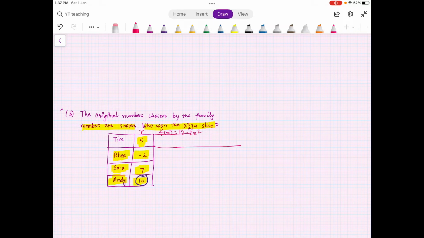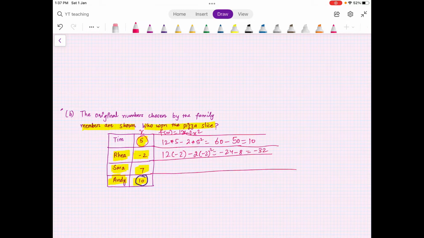So here your x is 5, so it will be 12 times 5 minus 2 times 5 square. So what is it? So this is 60 minus 50, that is 10. And then you have here 12 times minus 2 minus 2 times minus 2 square. So this is minus 24 minus 8. So this is minus 32.